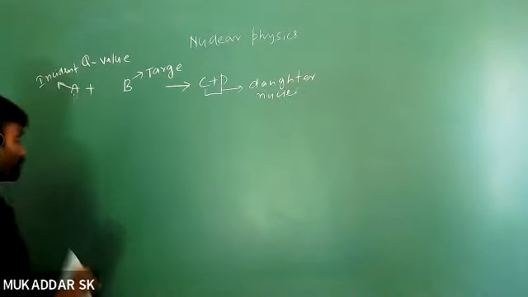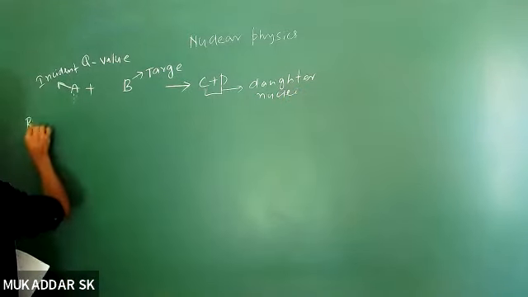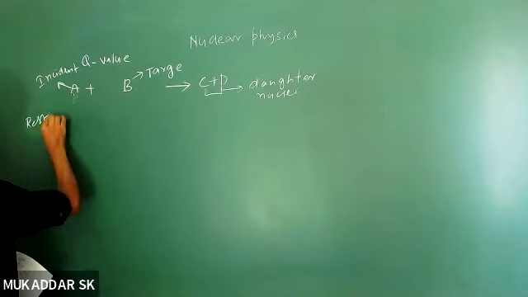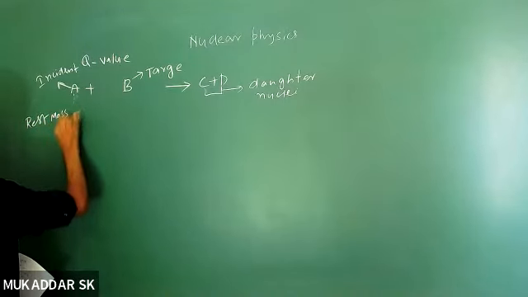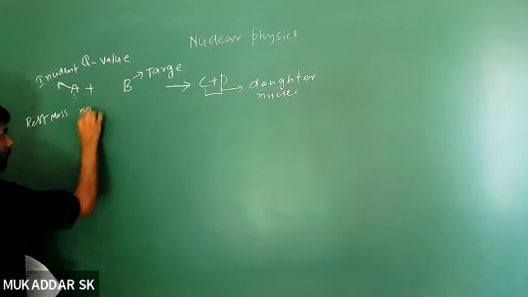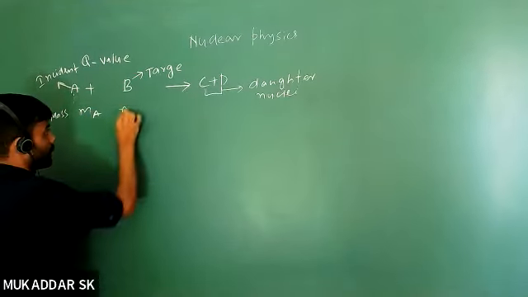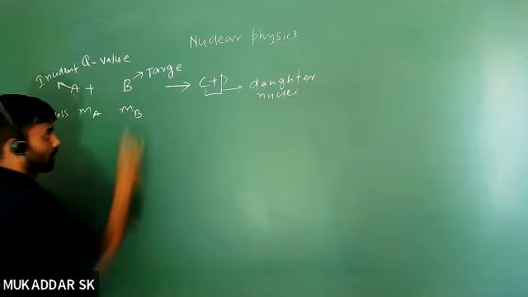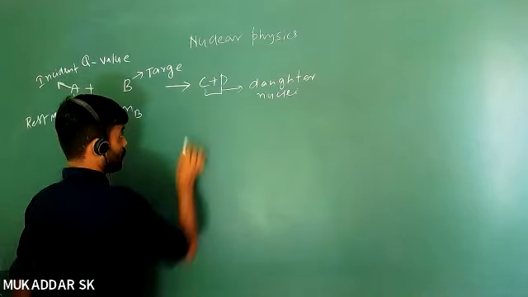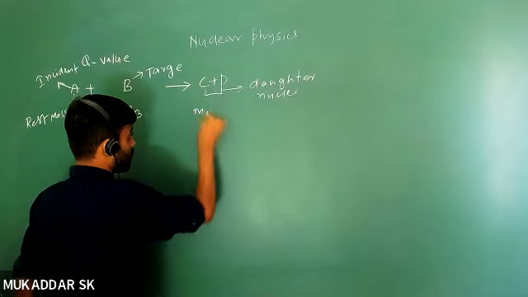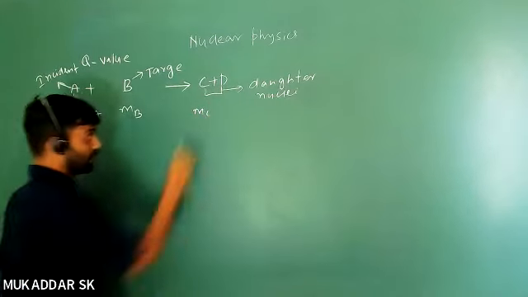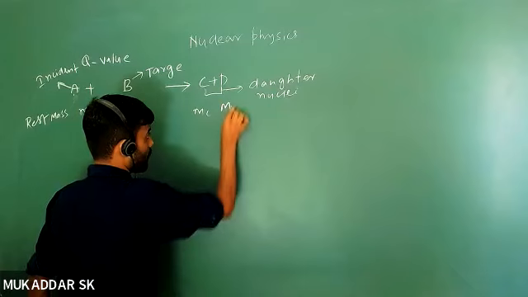And let us assume the rest mass of A is Ma, the rest mass of target is Mb, rest mass of C nuclei or daughter nuclei is Mc, and rest mass of D daughter nuclei is Md.